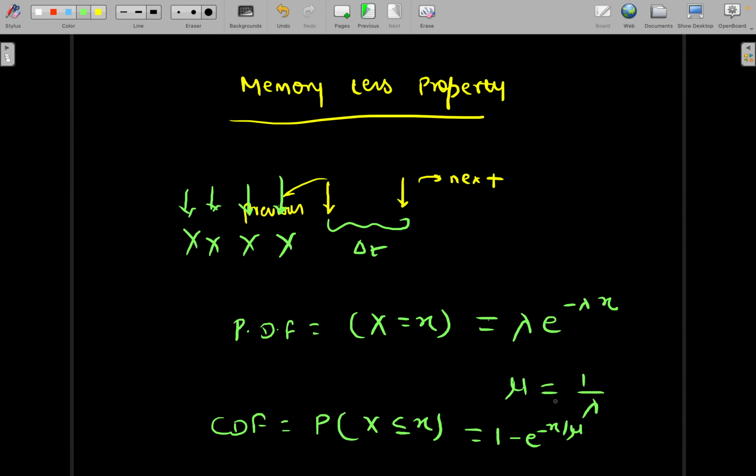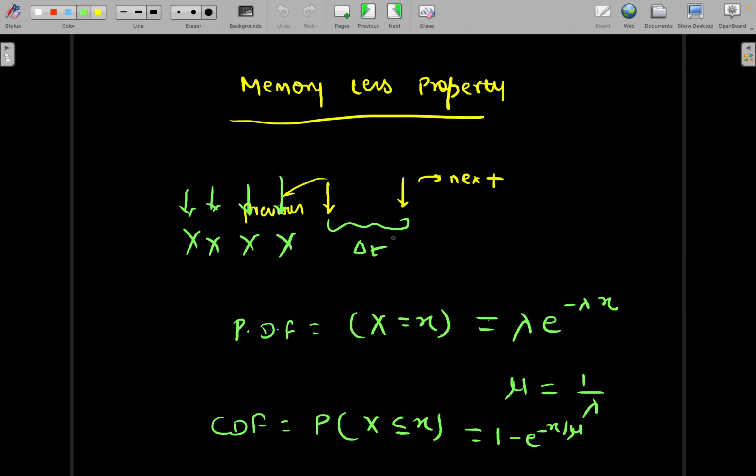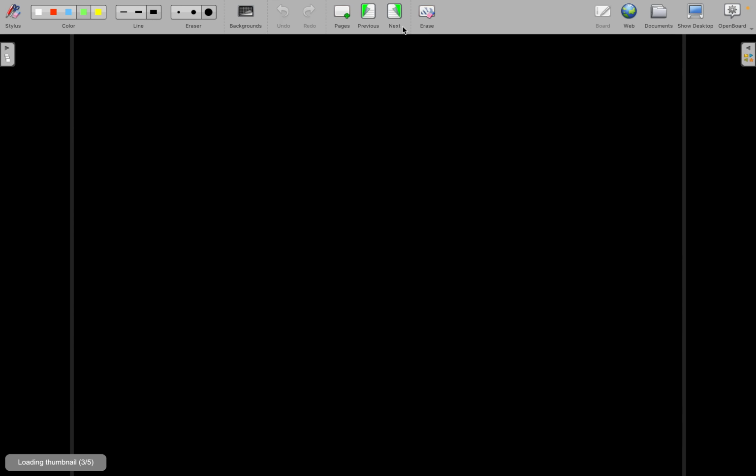Let's talk more about this. Let's take some value of lambda. Let's say lambda is 5 and mu is 1 by lambda.